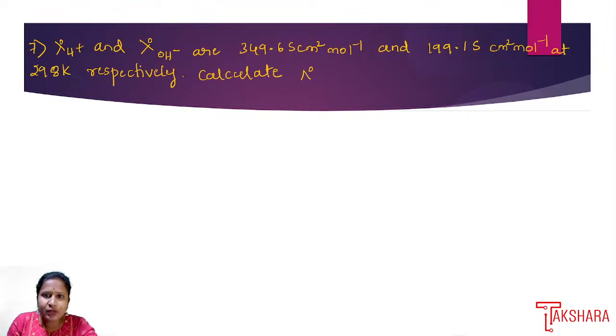Calculate lambda naught m of water, that is, the molar conductivity of the solution at infinite dilution. We have to find the molar conductivity of water. So for this I will write the solution.